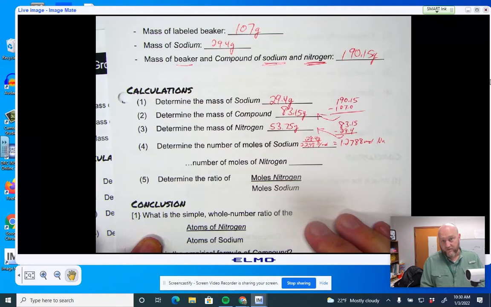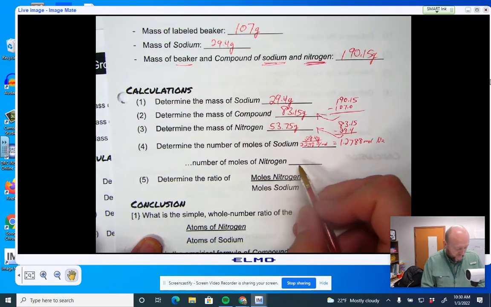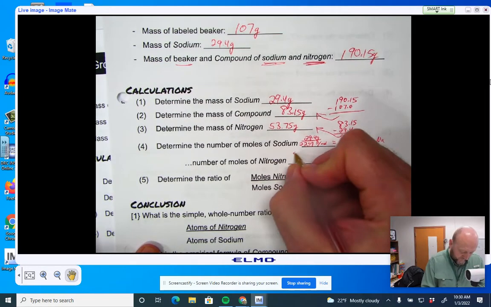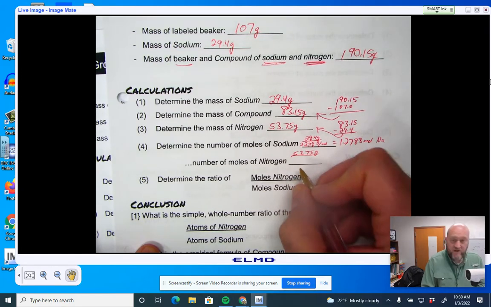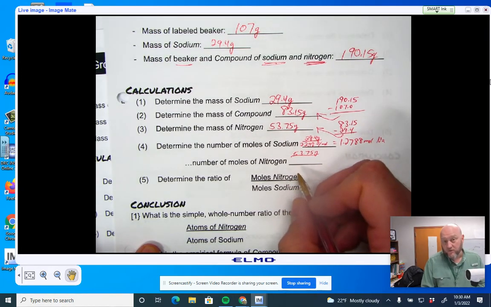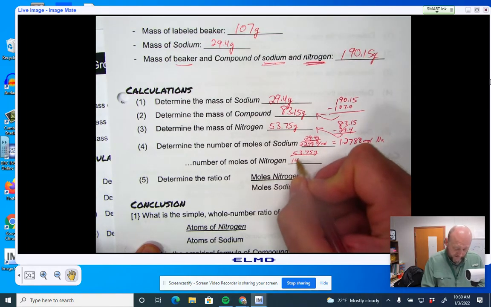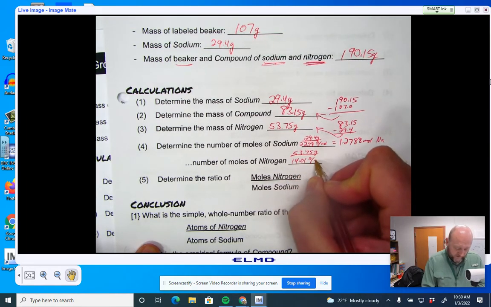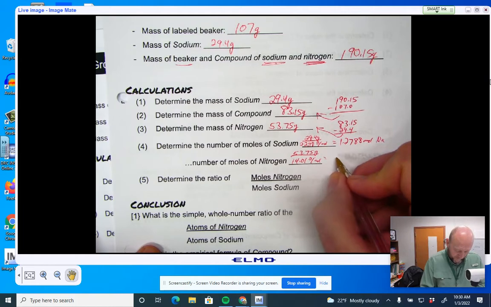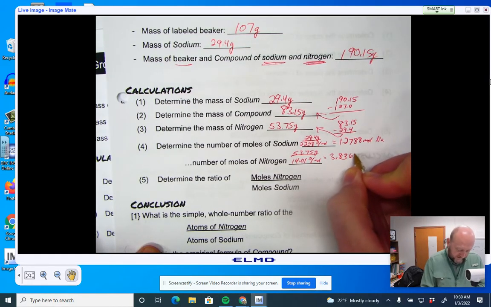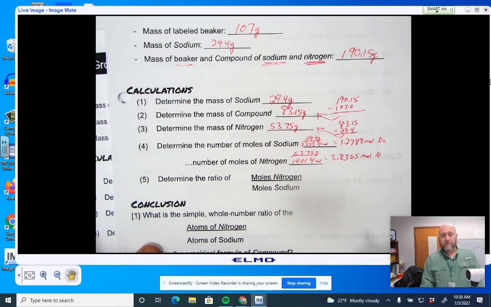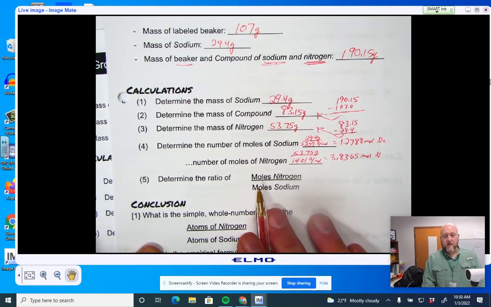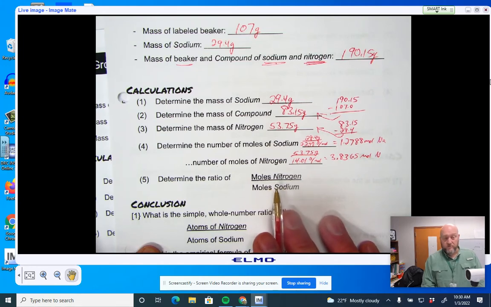Again, we find that from the periodic table. Next, we do the same thing for nitrogen. 53.75 grams of nitrogen. On the periodic table, we see the molar mass is 14.01 grams per mole. So that gives us 3.8365 moles of nitrogen.